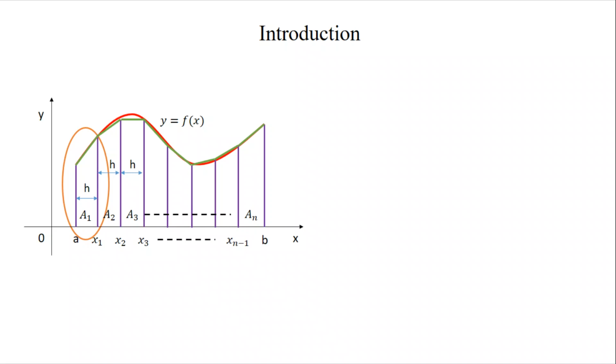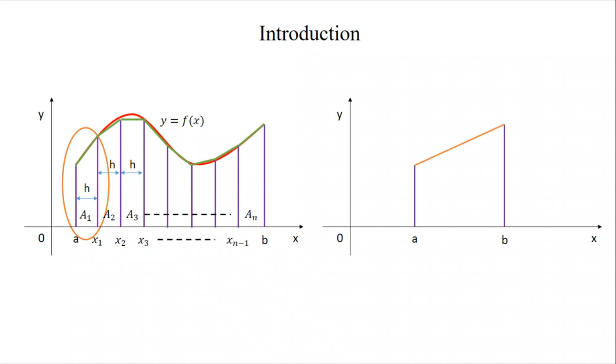Now for calculation we will take the first strip in the coordinate system xy. So this is the start point a and end point b for the first strip. Then its step size is h, area a1.